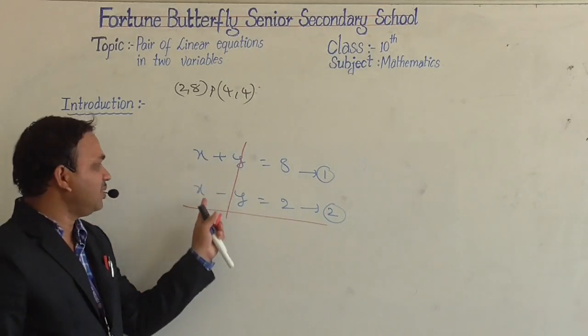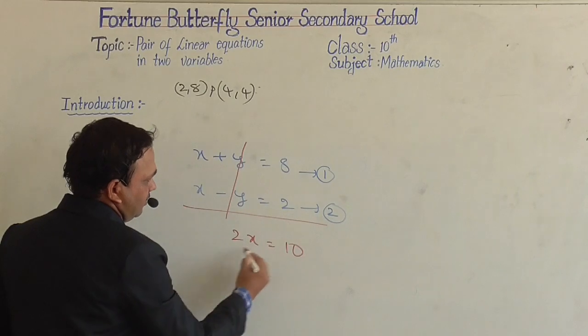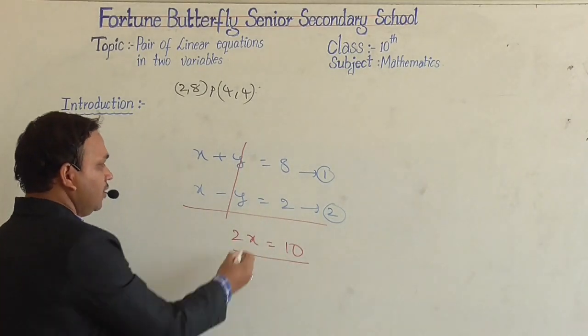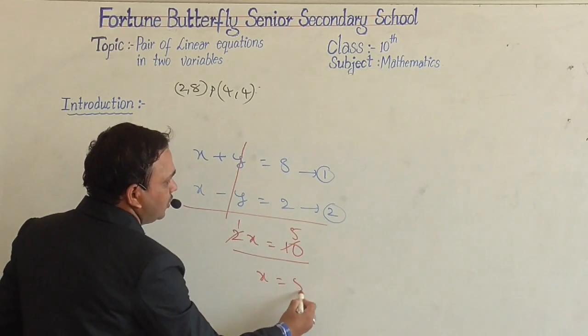Then x plus x is 2x, and 2x is equal to 8 plus 2, which is 10. So 2x is equal to 10. Cancelling, x is equal to 5.